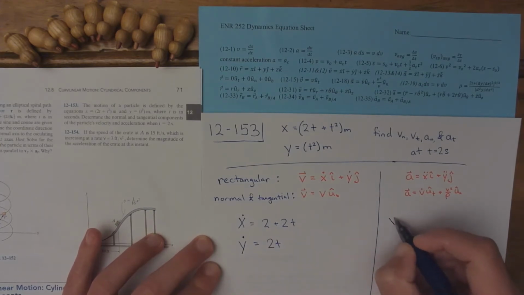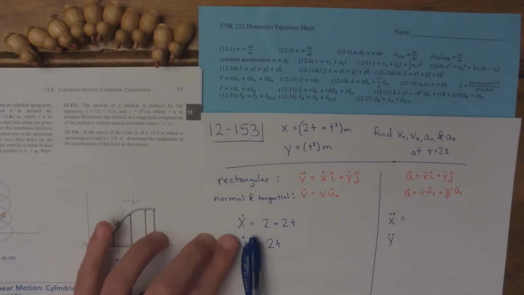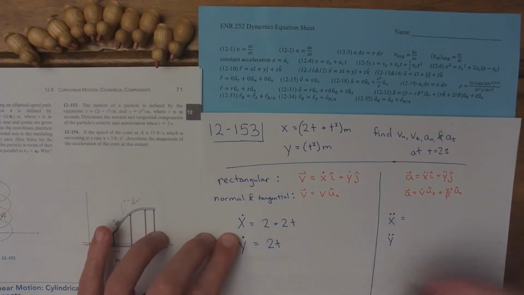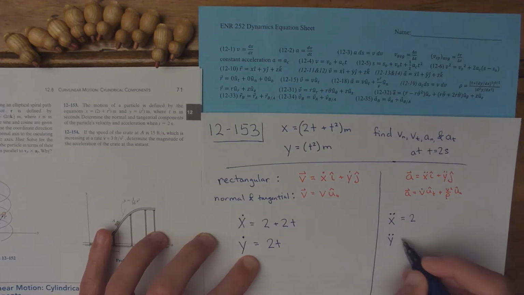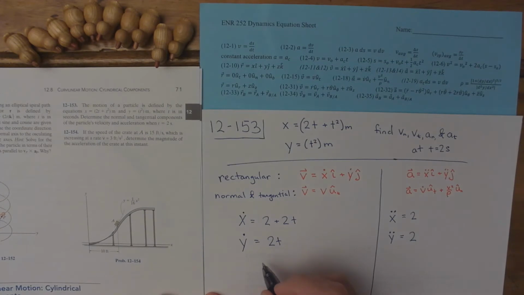Let's just do x double dot and y double dot straight off. Taking the time derivative of x dot gives me 2, and taking the time derivative of y dot gives me 2.